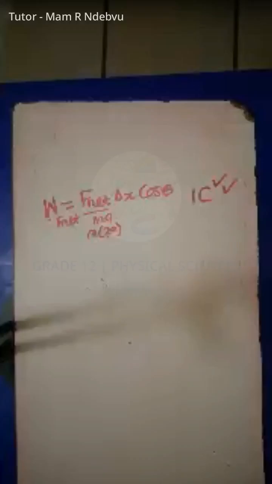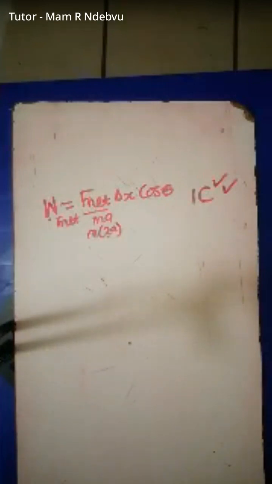Right. Question number 2. Which one of the following forces is absent in an isolated system? Remember, in the exam, we always know an isolated system is a system where there are no external forces.